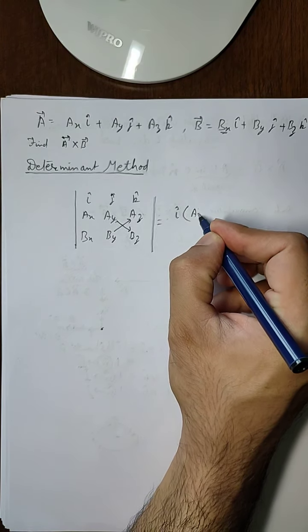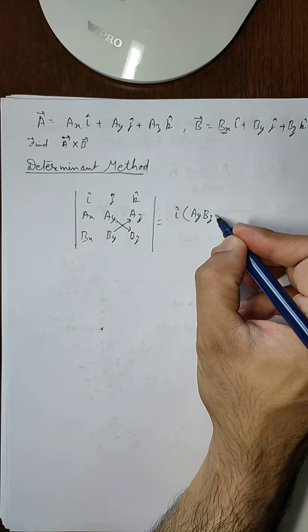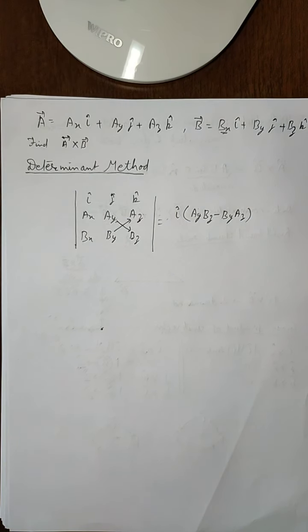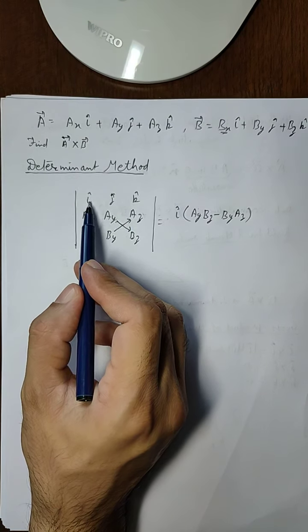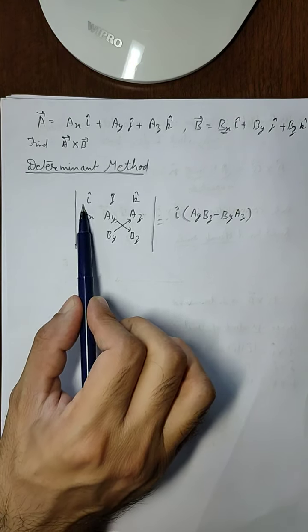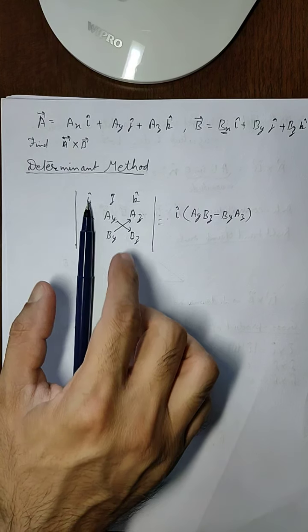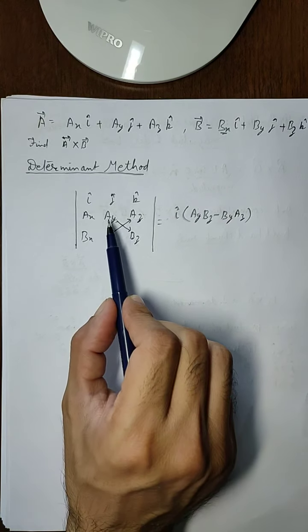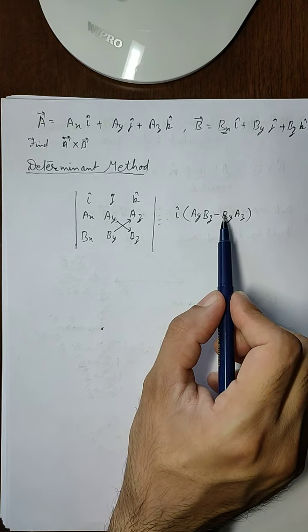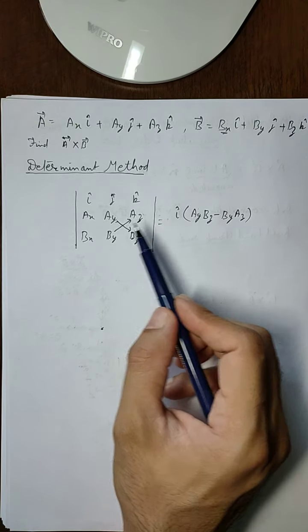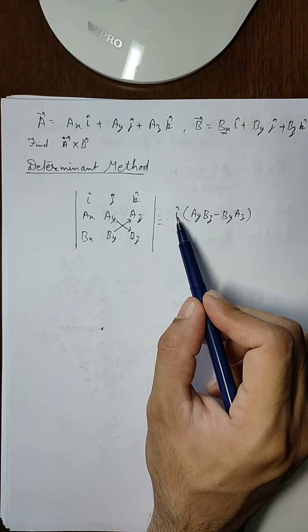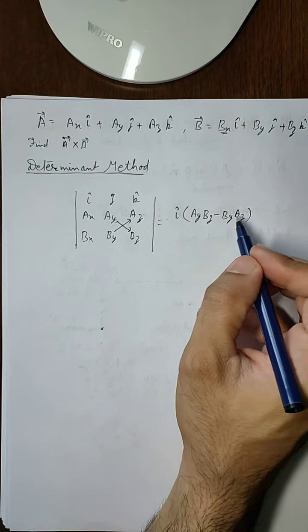That is, I'll write Ay Bz minus By Az. So when we are doing i cap, we will not touch Ax and Bx. The other four quantities will be cross multiplied and subtracted from each other, so it will be Ay Bz minus By Az. Don't do it the other way around. Don't do By Az minus Ay Bz, because that will reverse the direction of i cap. Then it will become minus i cap. So this is for i cap.